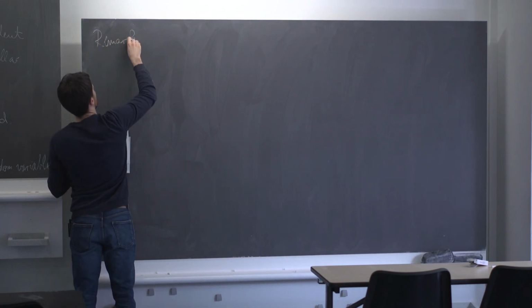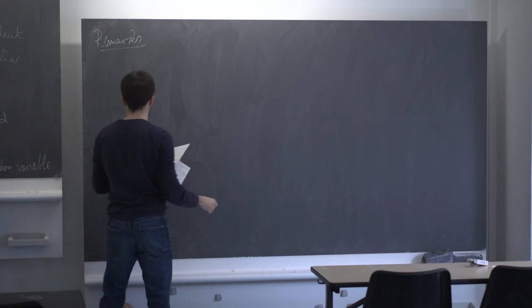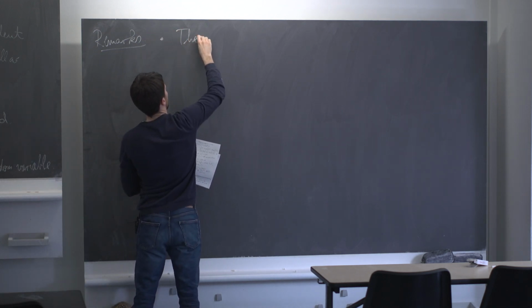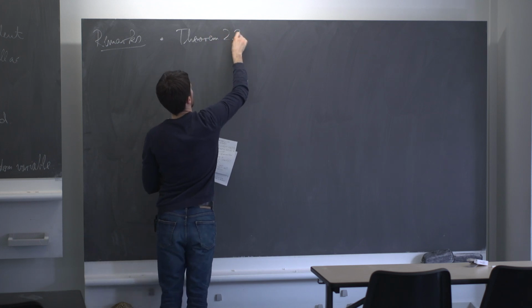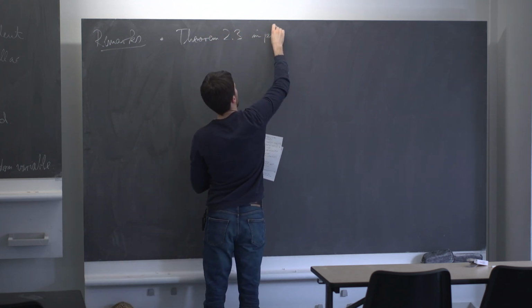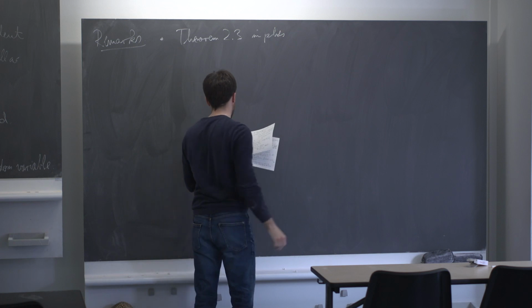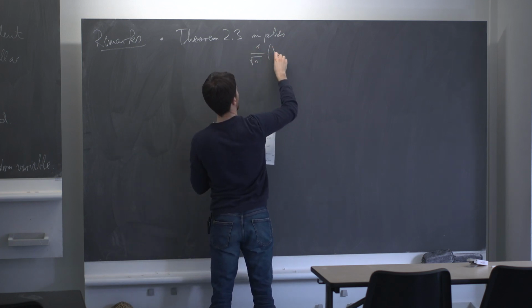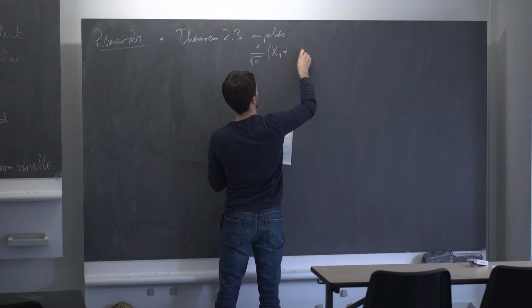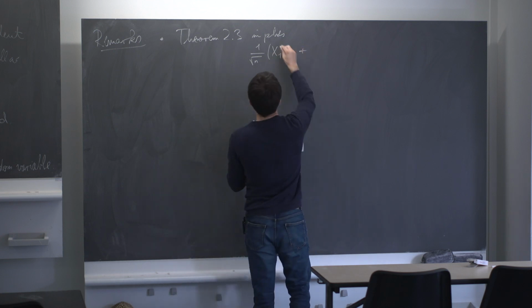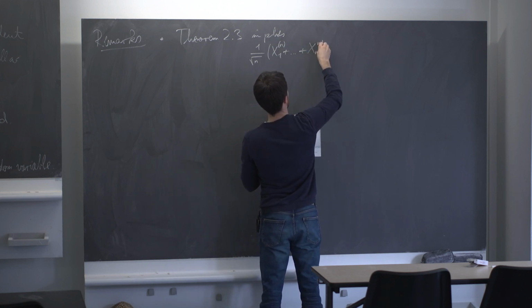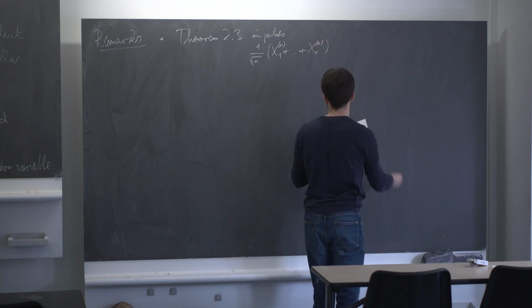Remarks. The first one is that theorem 2.3 implies the following. Take 1 over root n times the sum of x_1 up to x_n, where now I can put an n upstairs and take these kind of triangular arrays.